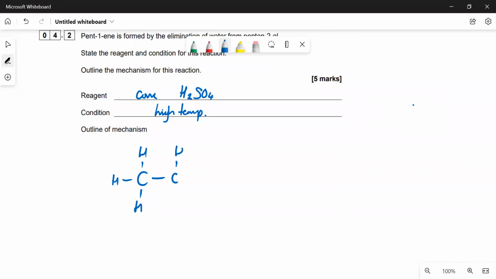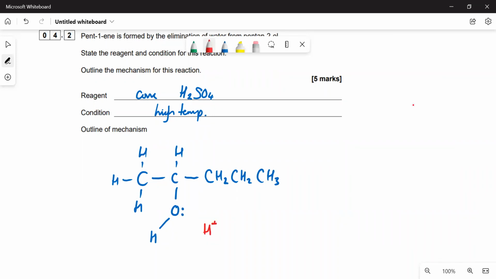It's pentane 2-ol, and I'll just write that as CH2, CH2, CH3. Now the first thing is that you protonate the oxygen there. So you have an H plus.